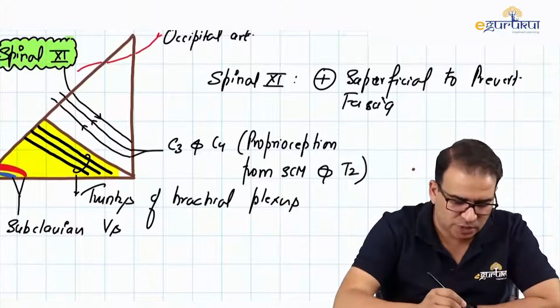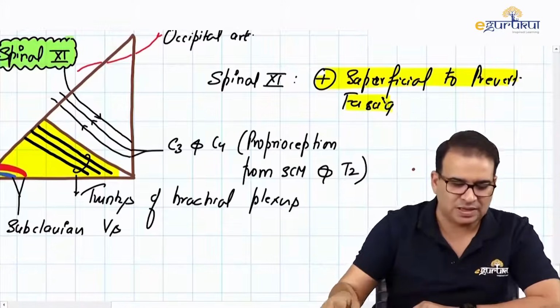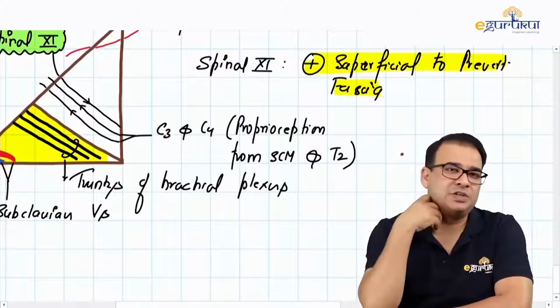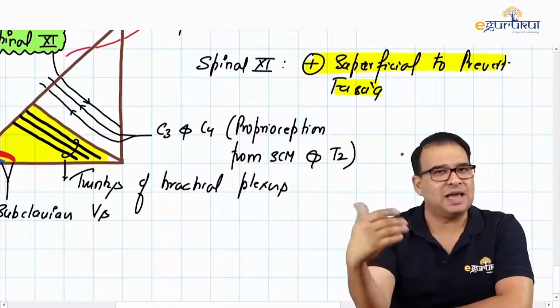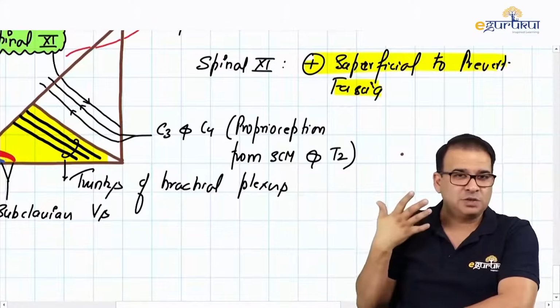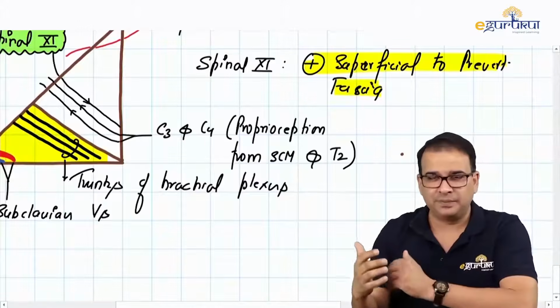In many neck surgeries, we may have to compromise this spinal accessory nerve also. So you have to know what exact features could be seen in those patients. If you're doing any surgical intervention in this posterior triangle, the chance of injury to the spinal accessory nerve is higher because it is superficial to the prevertebral fascia. The rest of the contents are placed deep to the very thick prevertebral fascia, so they are comparatively more protected.